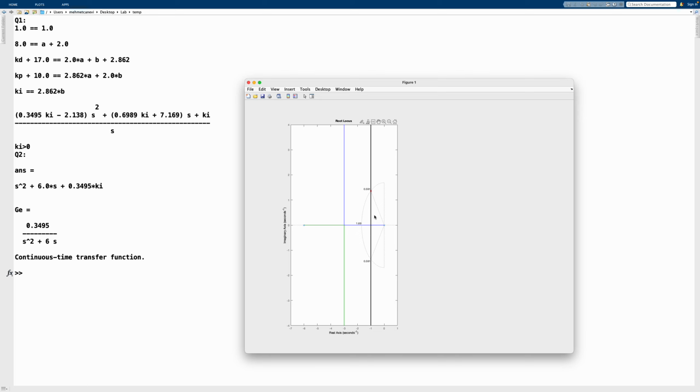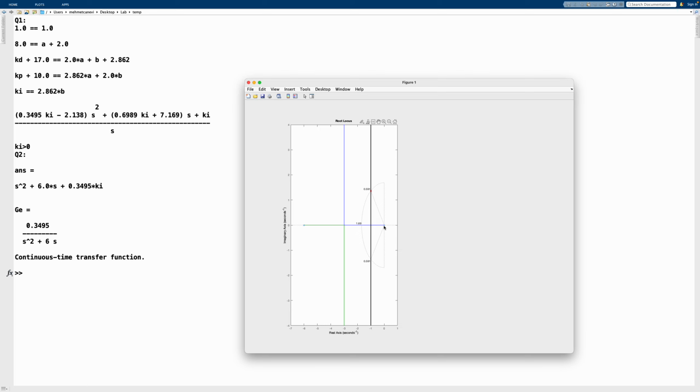Therefore, the conclusion is that we can use this point or greater Ki values than this point for residue pole dominance. We can actually calculate it quite easily. Again, if we're in an exam, we can use the gain condition.